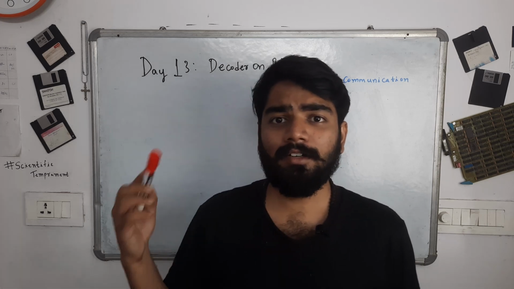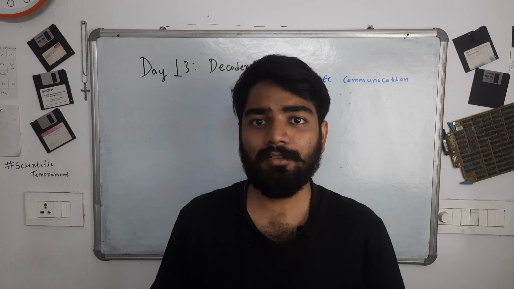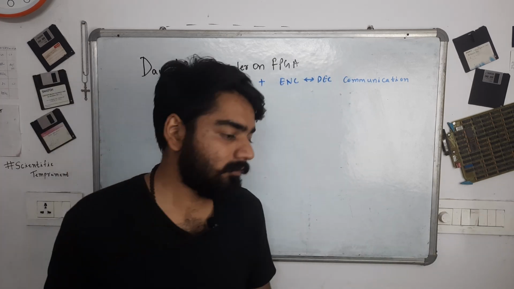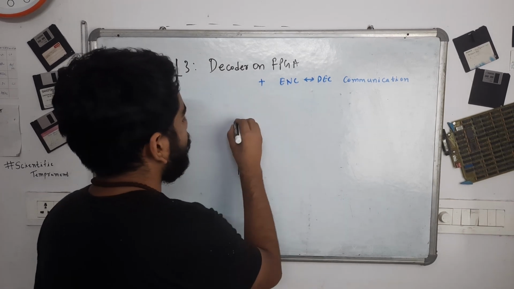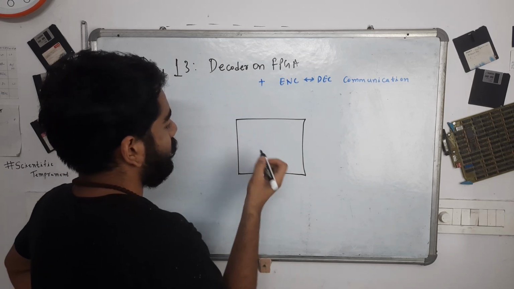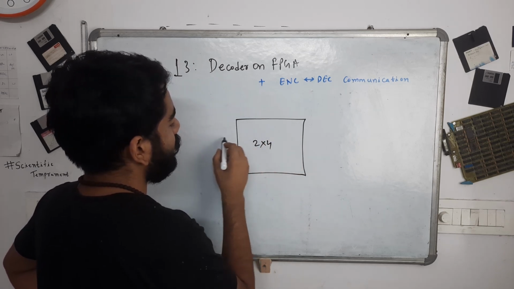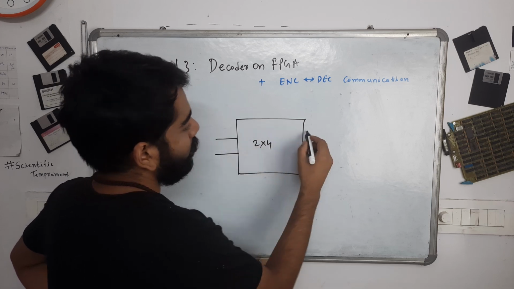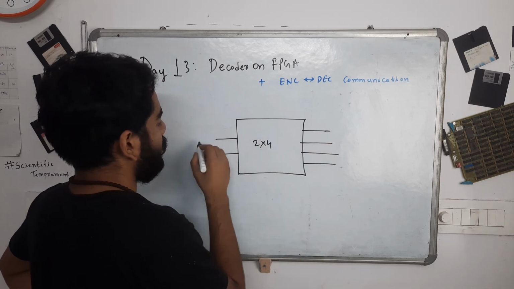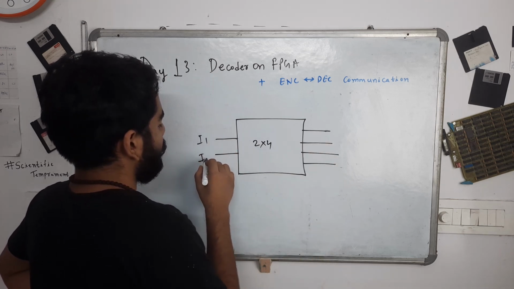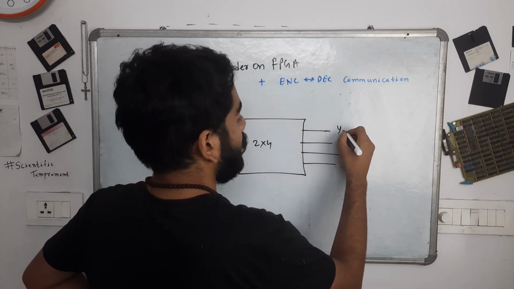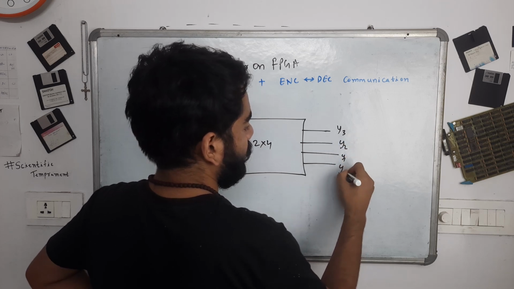Let's begin. In the last video I showed you how an encoder works. The decoder is very easy, easier than the encoder itself. We are going to do a 2x4 decoder here. So we will have 2 inputs, I1 and I0, and 4 outputs, Y3, Y2, Y1, Y0.